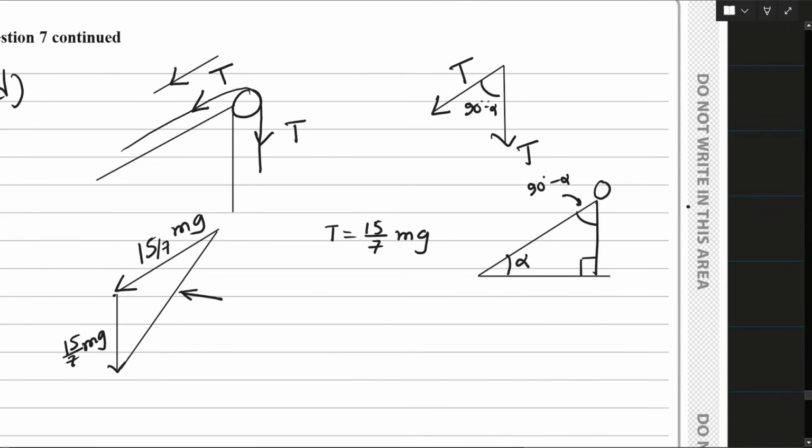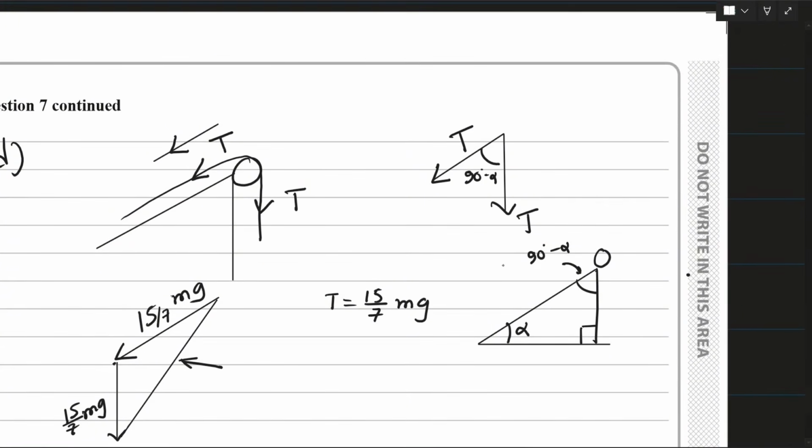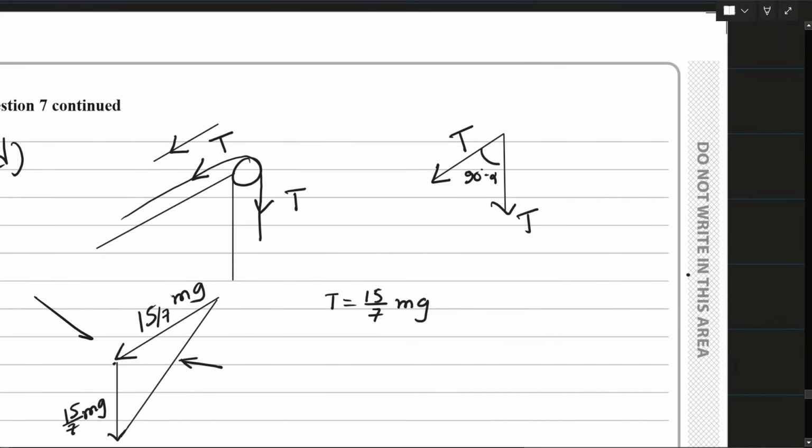But this is not the configuration we have here. So we need to see what the angle is between these two vectors in the configuration here. What I have done is taken this vector upwards.